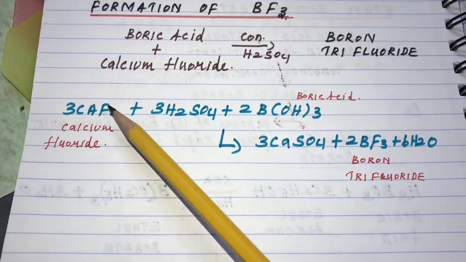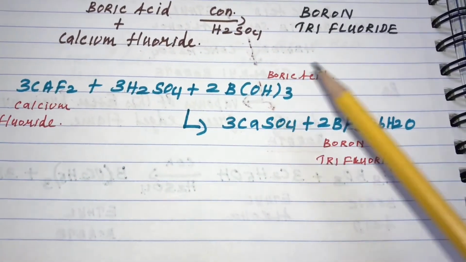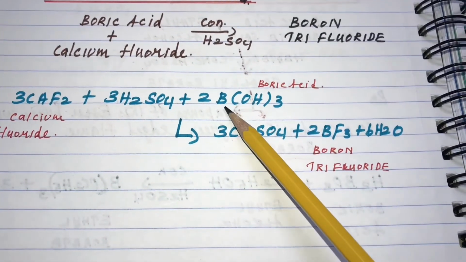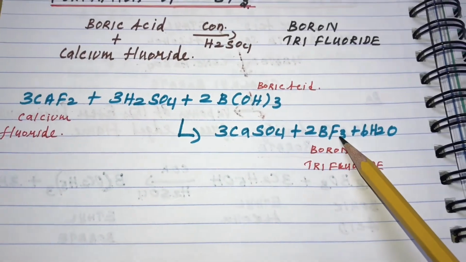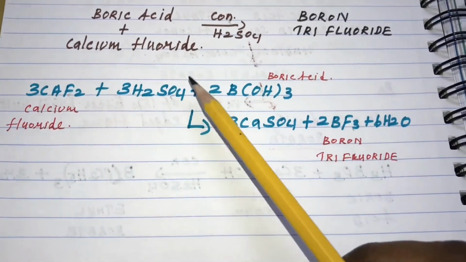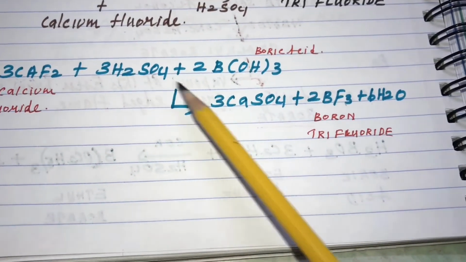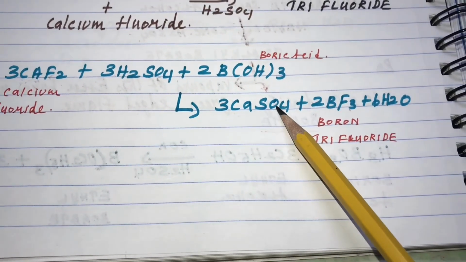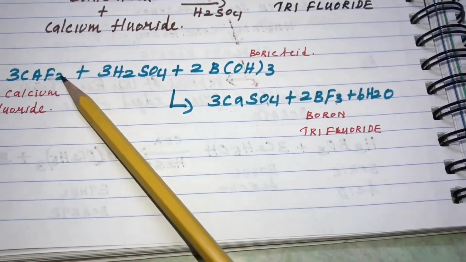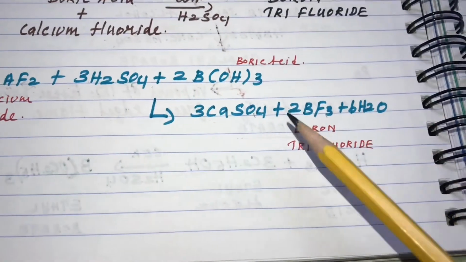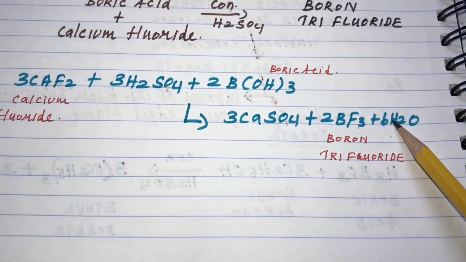Calcium fluoride CaF2, H2SO4, boric acid B(OH)3 gives 2 molecules of boron trifluoride. 3 calcium reacts with 3 sulfate forming 3 CaSO4, and 2 boron reacts with 3 into 2, 6 fluorine forming 2 BF3, and the remaining is 6H2O.